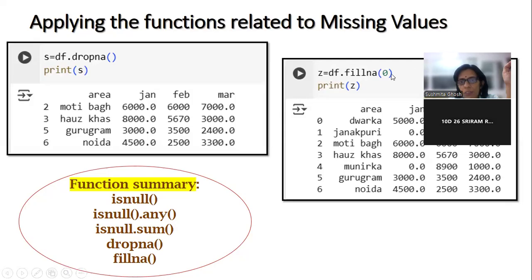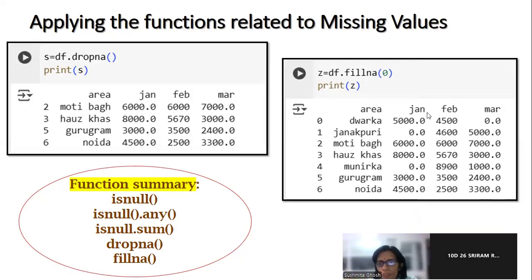Fill NA 0. Wherever there is a null value, you can see here 0.0, 0.0, 0.0. In these 3 places, your null has been replaced with 0. If it is 0 and you're okay with it, you may keep those rows and proceed accordingly. Fine. So what functions have we learned? Is null dot any: both will return true or false.